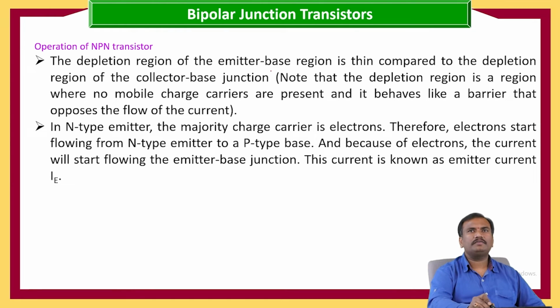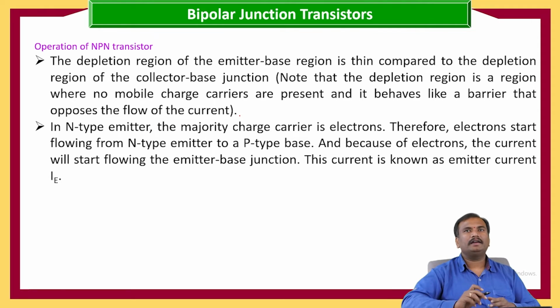Here the depletion region of emitter base junction is thin as compared to the depletion region of collector base junction. Note that depletion region is a region where no mobile charge carriers are present, and it behaves like a barrier that opposes the flow of current. Here depletion region is nothing but the junction where no charge carriers are present, and it behaves like a barrier between the two layers.